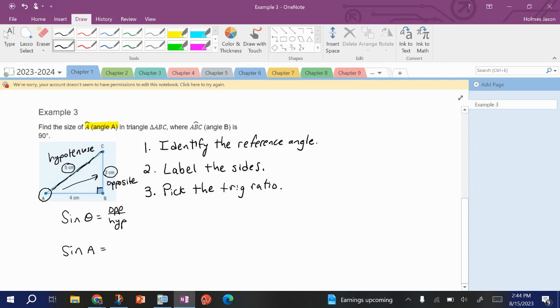In our case, the opposite side length is 3, and the hypotenuse is 5. So I'm looking for an angle, and when I'm looking for an angle, I'm going to be using that inverse trig. So I can say that angle A is equal to the inverse sine of that fraction 3 over 5.